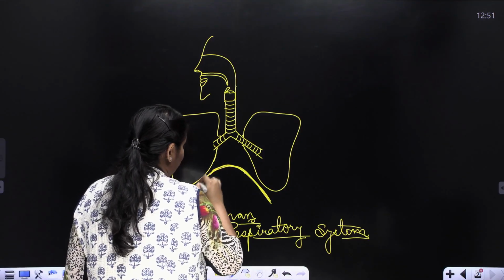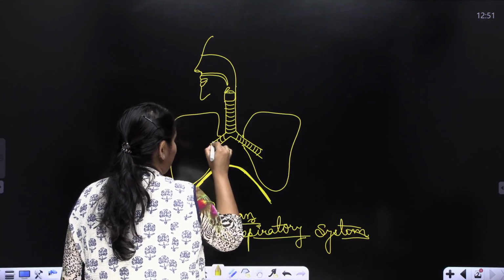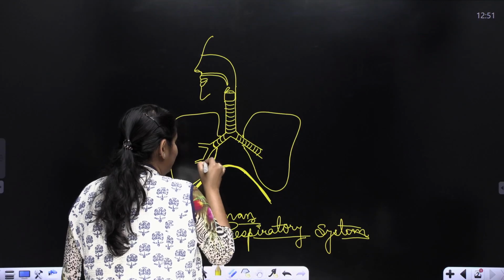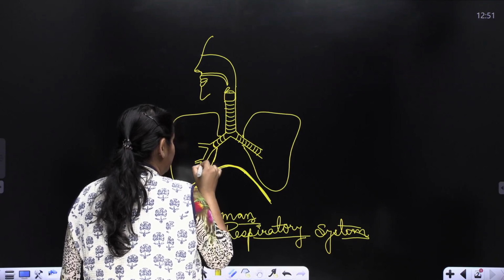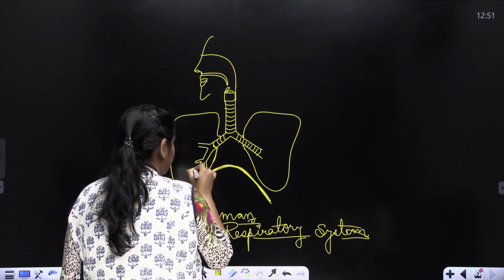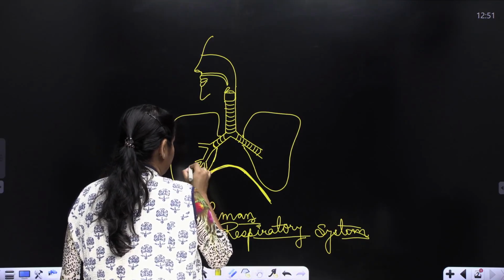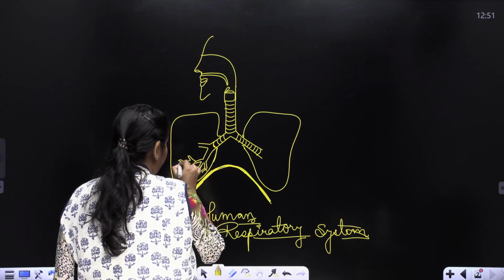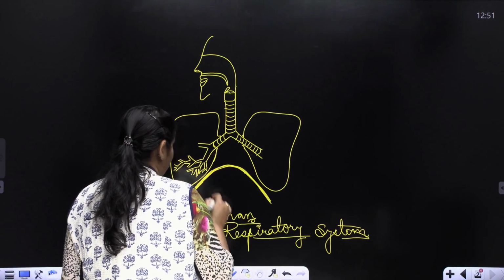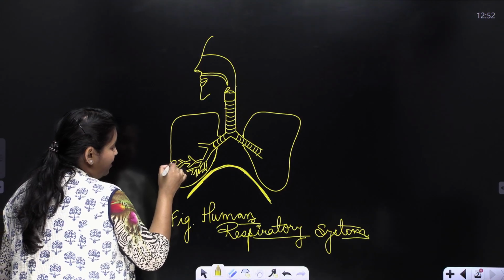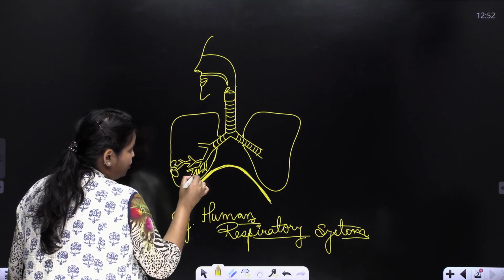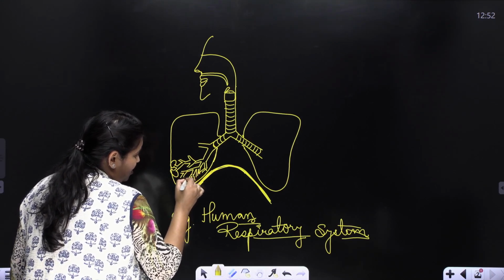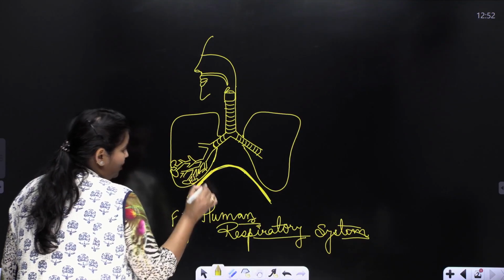Now this bronchi divides a number of times to form finer branches, which at the end open up into the air sacs known as alveoli.